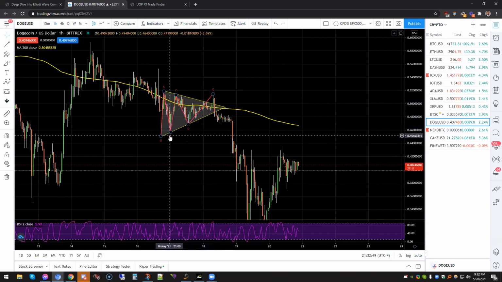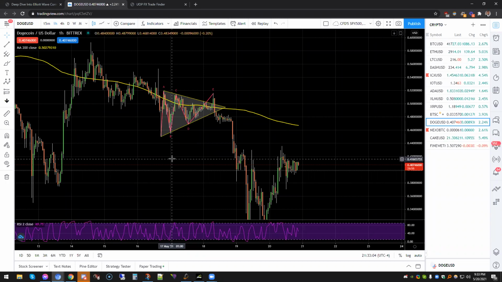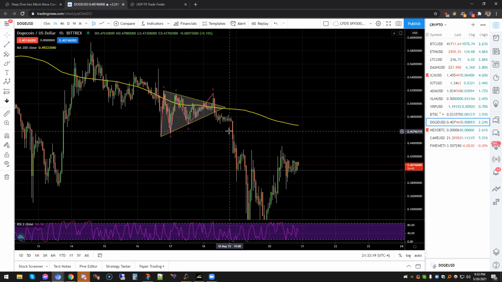See this over here, there's a little overshoot. It's wicking out of it. So once you see it's wicking out, that is an indication that it's not a triangle, it's a diagonal formation. We can still call it a triangle because it's very, very close to a triangle, but it's actually a diagonal formation because there is an overshoot, and triangles typically do not carry overshoots. Triangles are more perfect patterns. So this is an overshoot here, and this is an overshoot here, making that a diagonal formation.